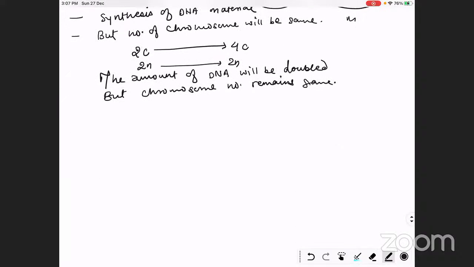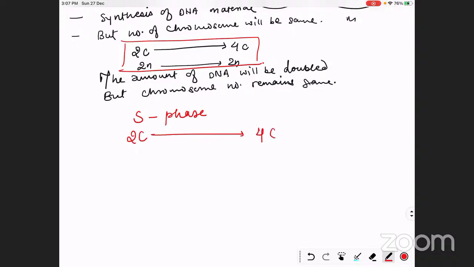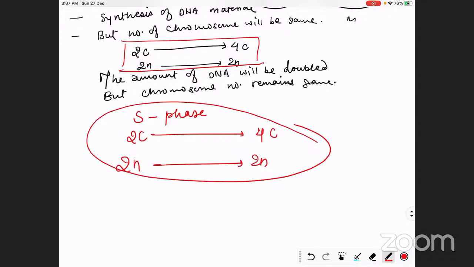Okay, so this is the most important thing. Please remember this. In the S phase, again I'm writing in bold letters, 2C becomes 4C, but 2N remains 2N. That is the most important thing.